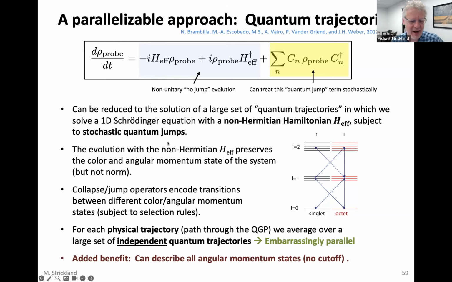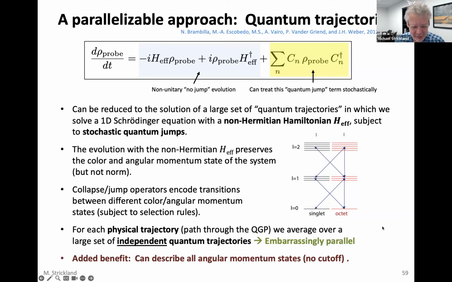I can fire up 1,000 cores. Each one is just fed a different sequence of random numbers. Those random numbers tell me the dance that I do in this singlet-octet space here. And then I just average over all of those realizations of these quantum jumps. So this turns it into an embarrassingly parallel problem.